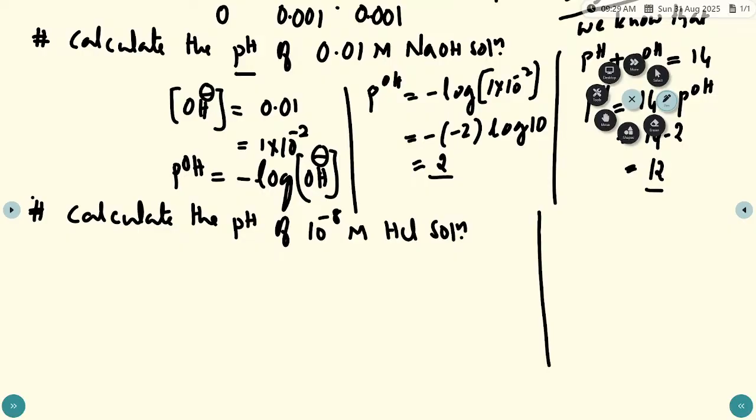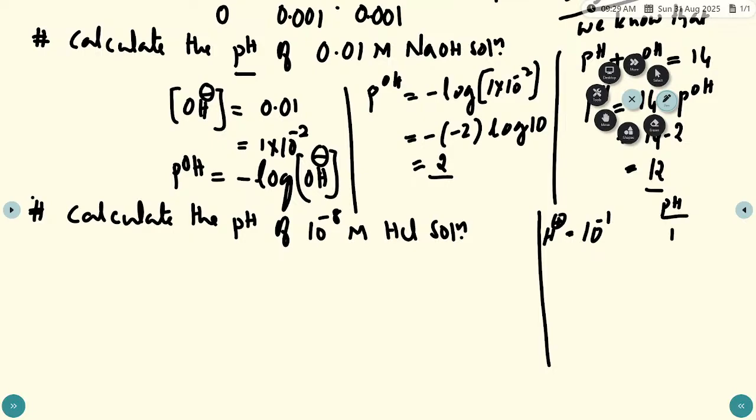If the concentration of H plus ion is equal to 10 to the power of minus 1, then directly you can say the pH of this solution is 1.